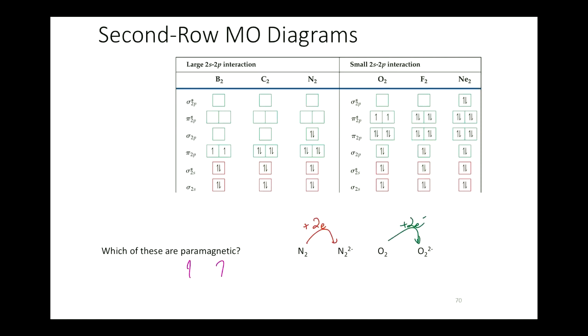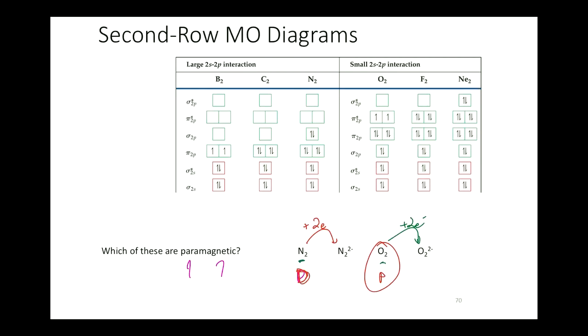So let's focus on nitrogen and oxygen. Okay, so nitrogen is what? Para or diamagnetic? Dia, because everything is paired. What about diatomic oxygen? Para, because we do have those 2 unpaired. So para, yes. So that's a D for dia.